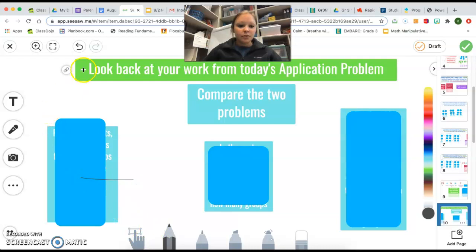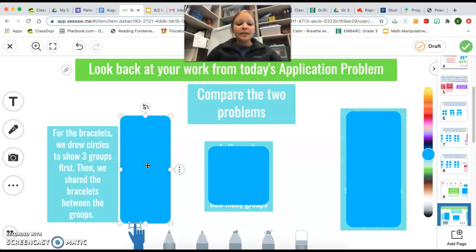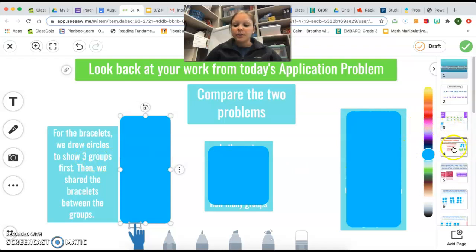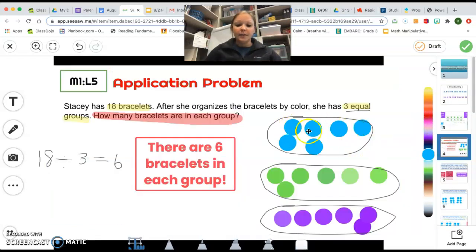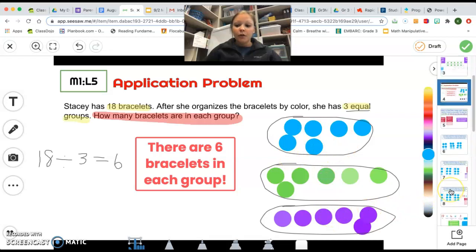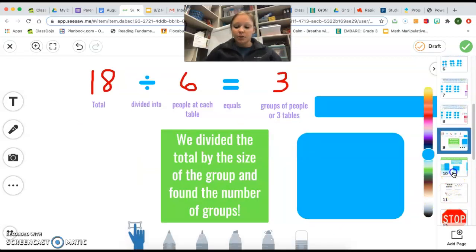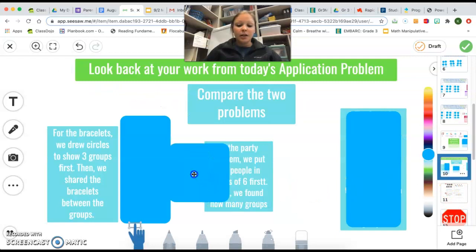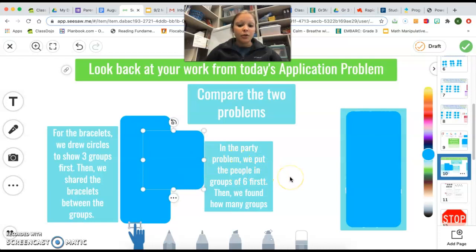Okay, oops, don't want to draw, I want to drag. So for the bracelets problem, we drew circles to show 3 groups first. Then we shared the bracelets between the groups. So we had the circles, we had 18 of them, and we shared them into 3 groups. For the party problem, we put the people in the groups first, and then we found out how many groups.